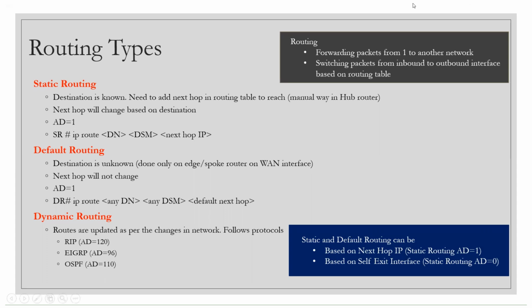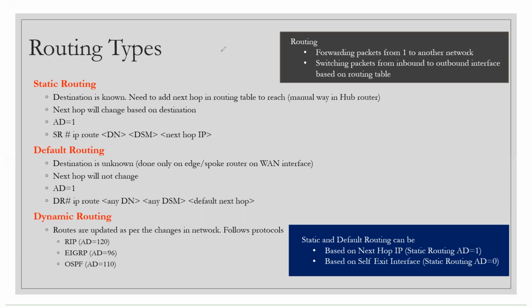Your next hop will change based on the destination, which means that with a router, you can reach, say, the 20 network on the left-hand side or 30 on the right-hand side. Each time, your next hop will keep changing. So your destination is known, but your next hop will change based on the destination you have for that particular route.